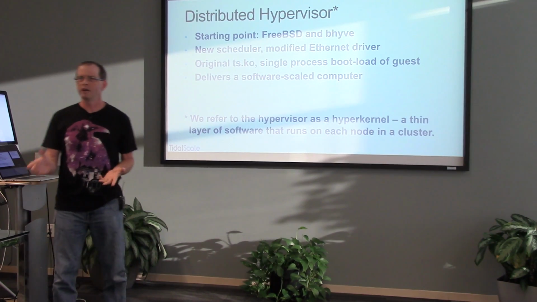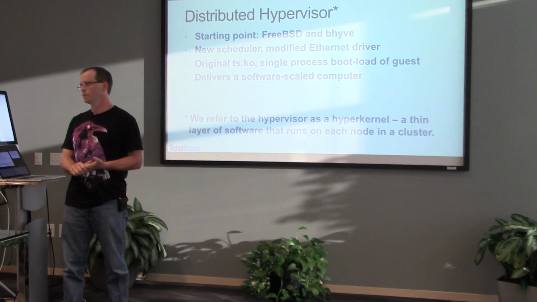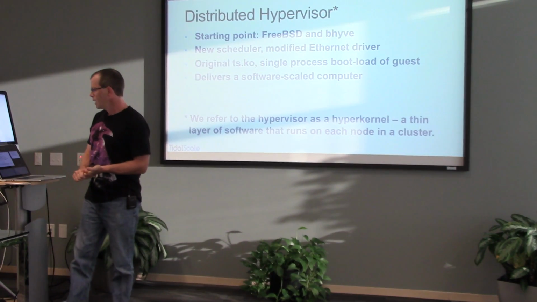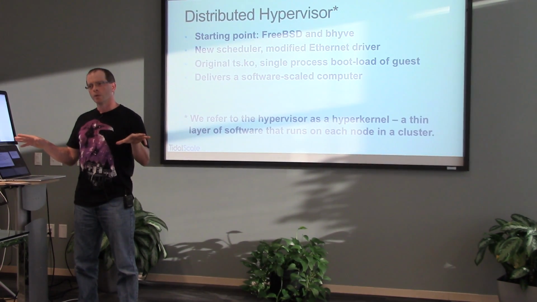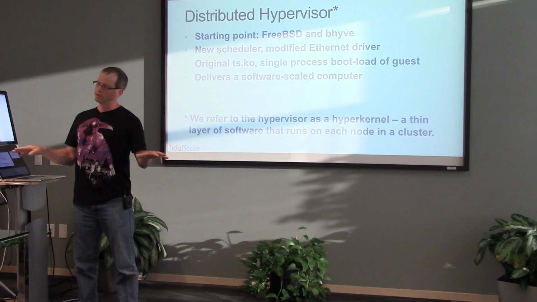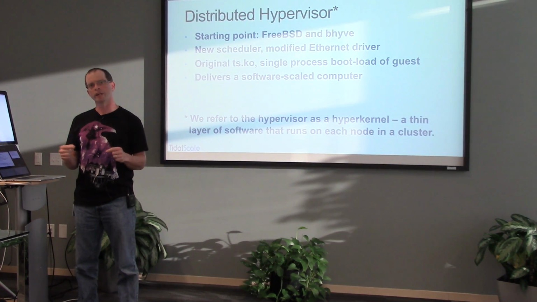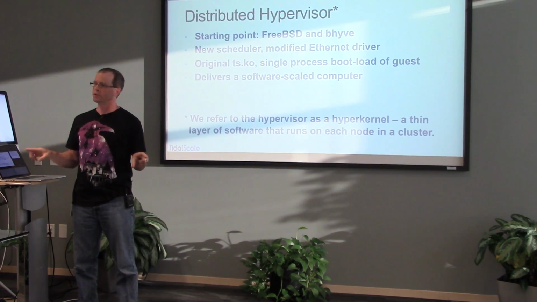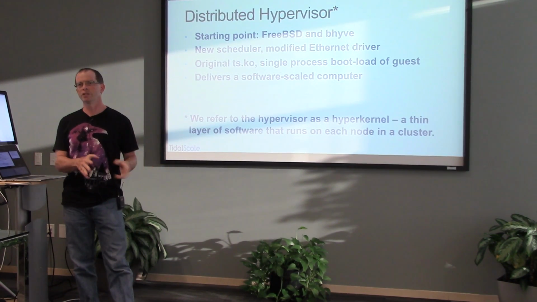So, obviously our starting point, we're here talking to you, is FreeBSD and bhyve. Now, to do what we're doing, we aggregate the resources of the cluster. And one piece of technology we had to modify to do that is we had to create our own resource bus for all the resources of the cluster, because we don't have a physical hardware bus connecting all those machines.